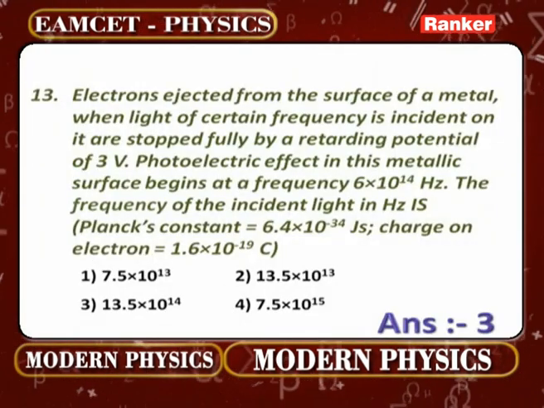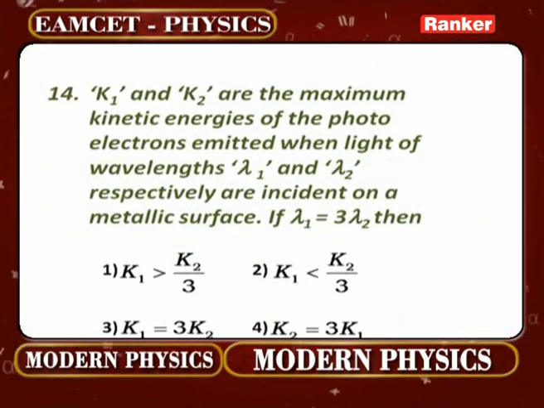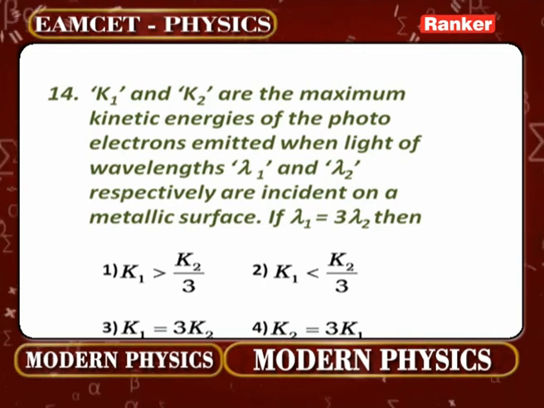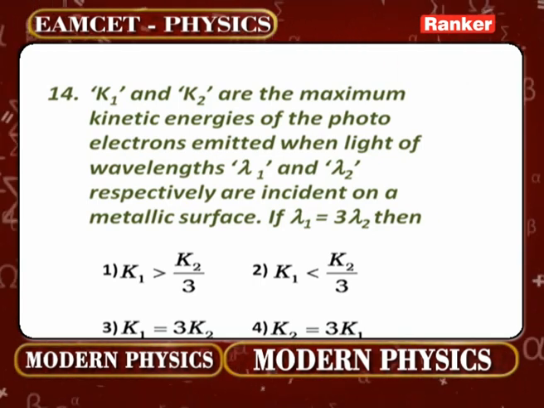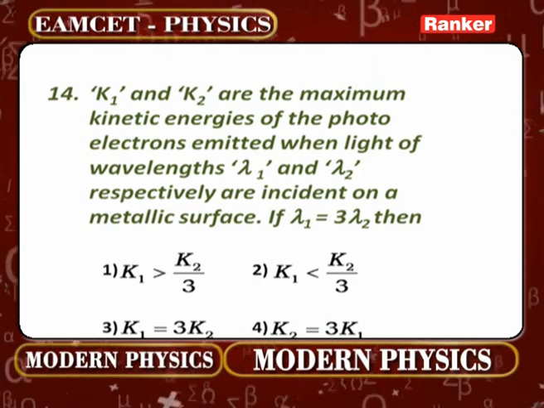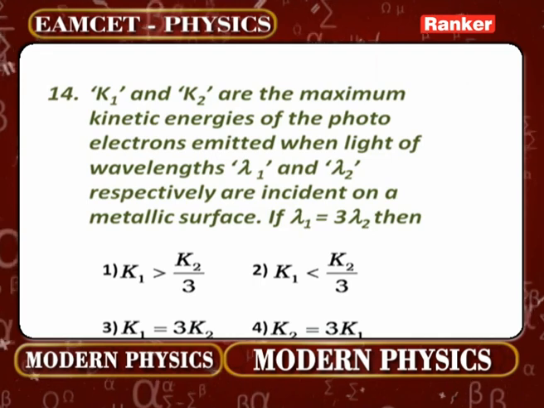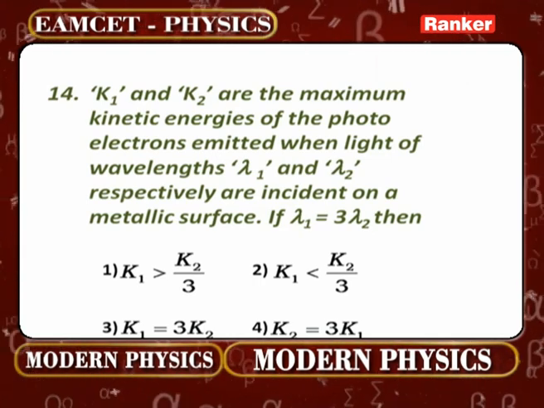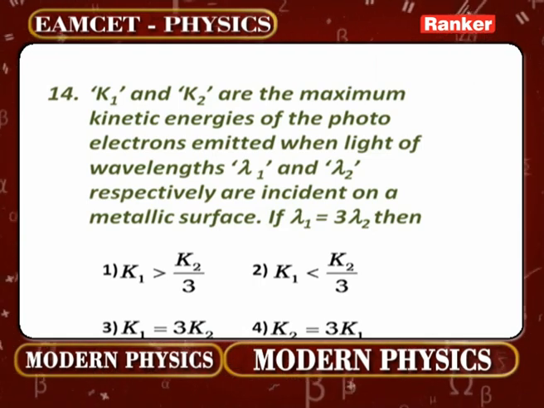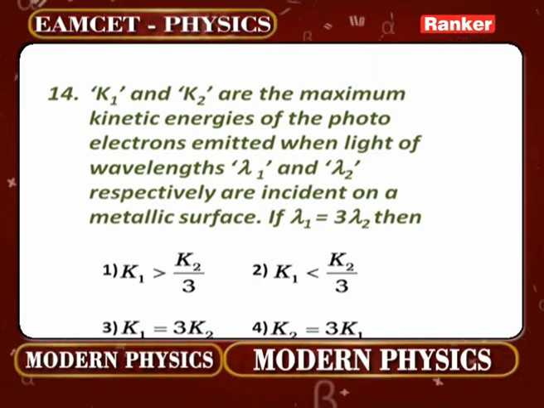Look at the next number, that is problem number 14, please. K1 and K2 are the maximum kinetic energies of the photoelectrons emitted when light of wavelengths lambda 1 and lambda 2 respectively are incident on a metallic surface. If lambda 1 is equal to 3 lambda 2, remember lambda 1 is 3 times means K1 should be less than K2 by 3 times.